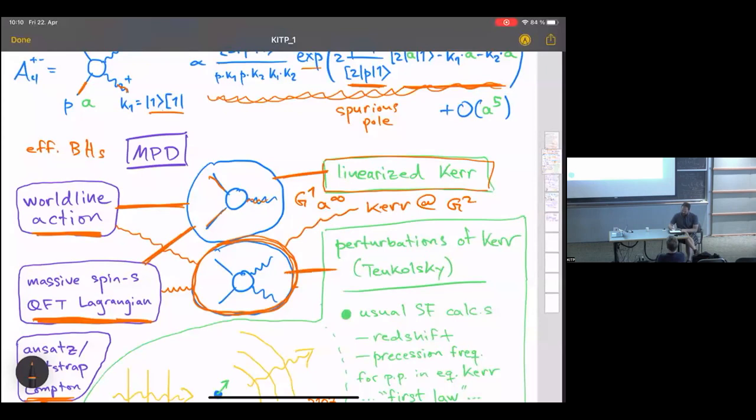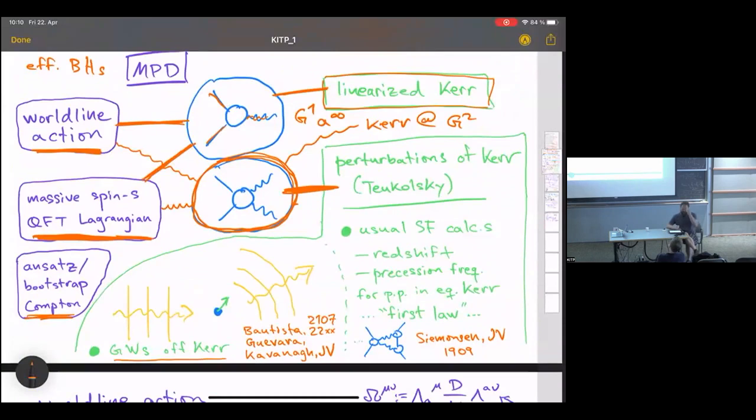We have to connect this to perturbations of Kerr, to solutions of the Teukolsky equation, which basically, let's just say, is the equation that describes linear gravitational perturbations of Kerr.